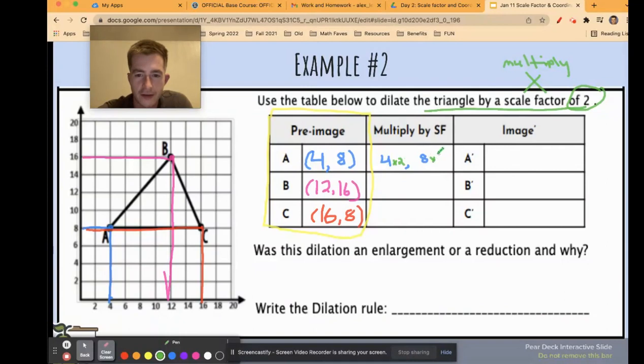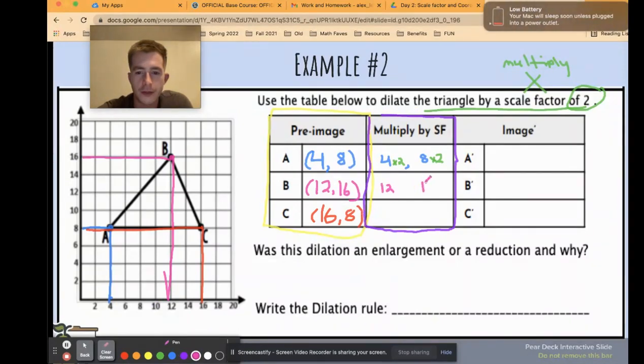You guys could honestly skip this part of the table, this part that I'm putting in a purple box. You guys do not have to write this down. Just showing you essentially what we're doing here. So we're just multiplying all these numbers times 2. While I'm doing this, you guys can fill out that last part on the right-hand side. And I do want you guys to try that part and the bottom on your own.